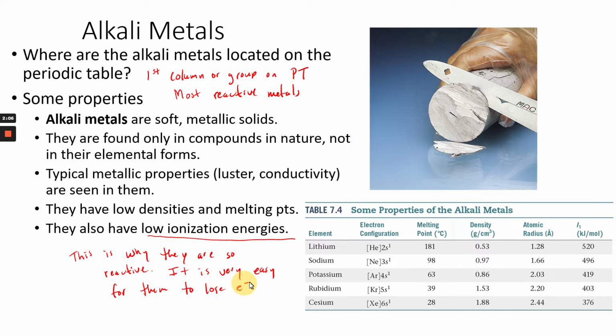And for metals, if you lose electrons easily, you are very reactive. So metals that lose electrons easily are reactive, because the act of losing that electron is it reacting with another substance.